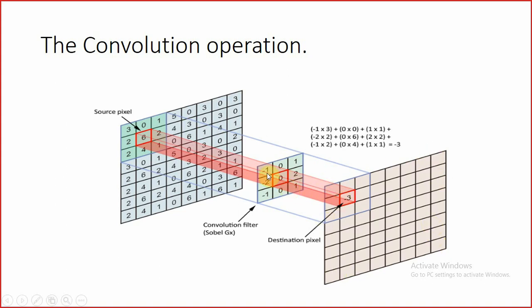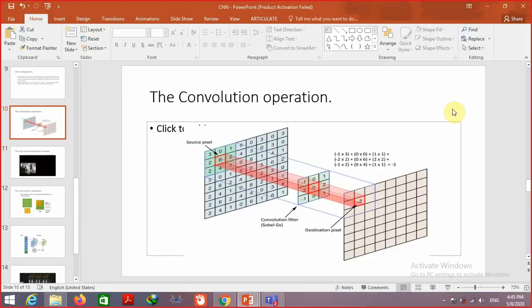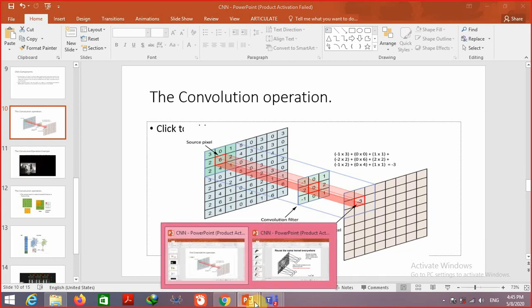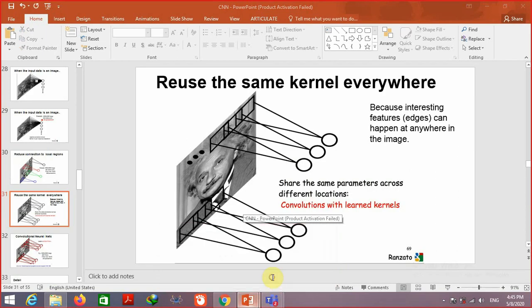But here we don't know what values will be used as the kernel values. So the CNN should learn them from the input images that we offer to the system.